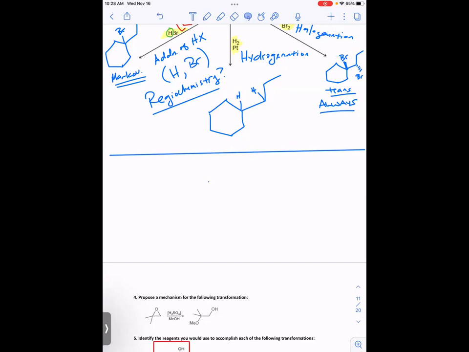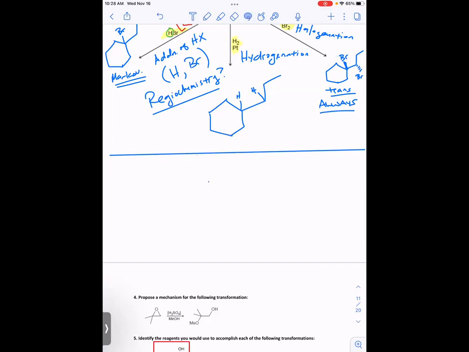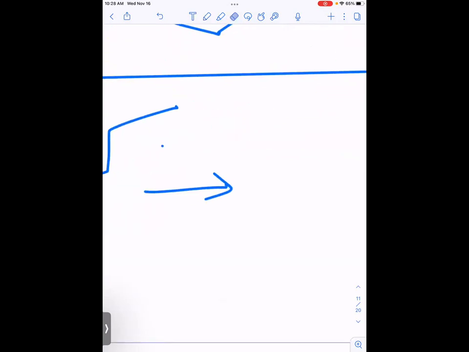So if I have this alkene and I treat it with, this is a totally separate set of reagents. Now this is MCPBA. First step, second step, I'm just going to add some H plus, right?